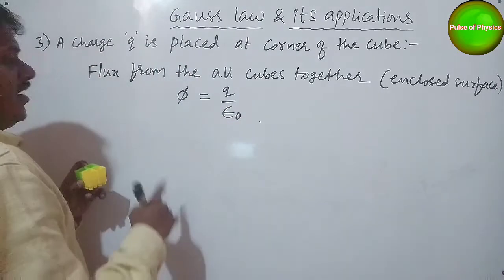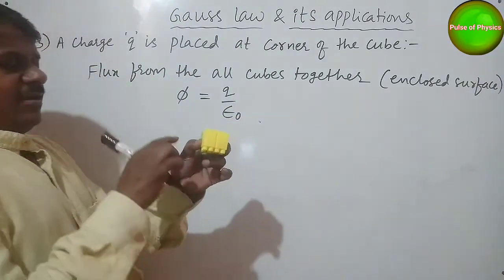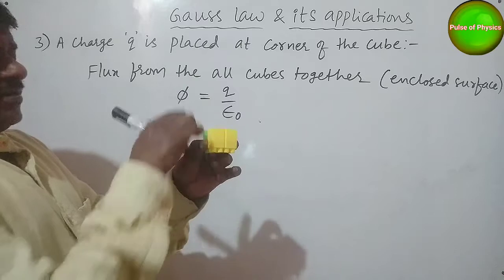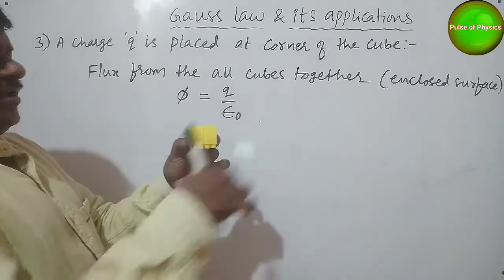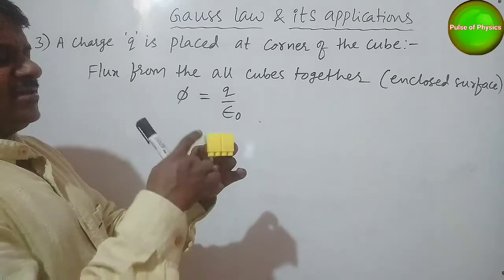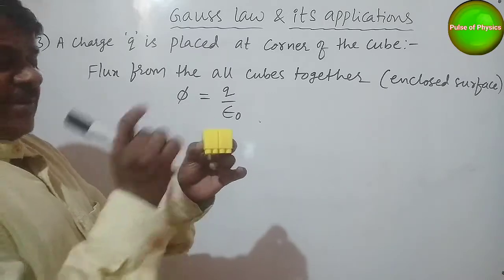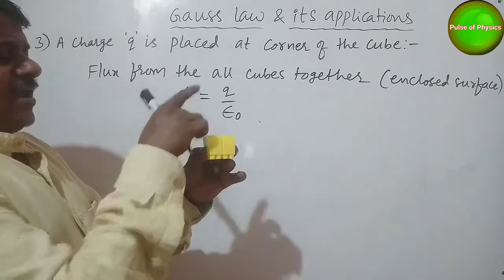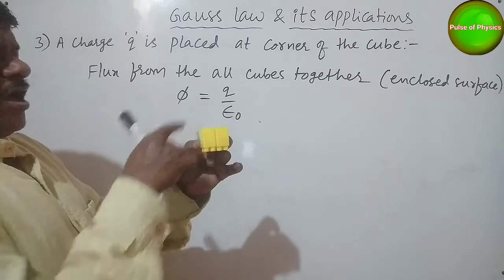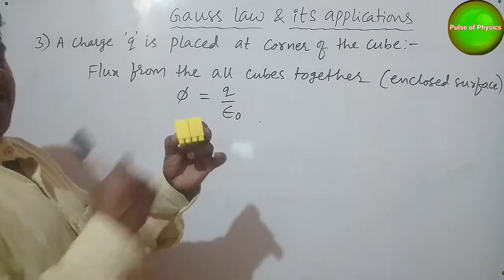Right. Next, here the flux will be distributed equally in all directions. It is 3-dimensionally similar. At that time, flux will pass through all 8 cubes equally.